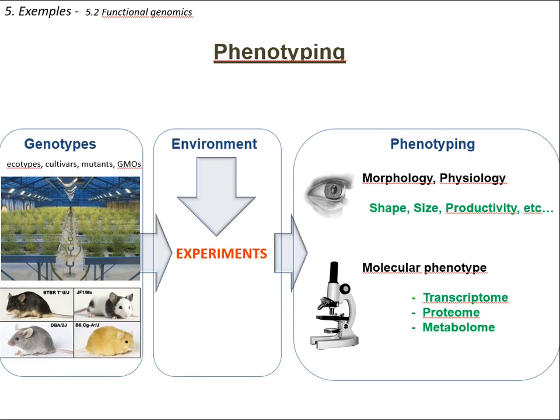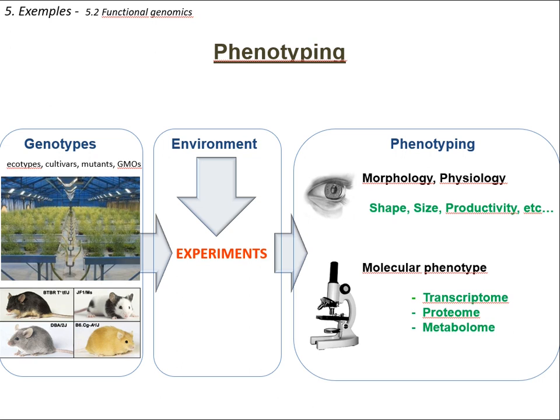So, of course, the game is to produce many, many genotypes. So you have collections of ecotypes, cultivars, mutants, genetically modified organisms. It's true both in plant and animal kingdom research. Then you do some experiments, and then you look for the phenotypes, the macroscopic phenotypes, shape, size, productivity, yield in agronomy, but also more and more the molecular phenotypes, like the changes in transcriptome, proteome and metabolome.